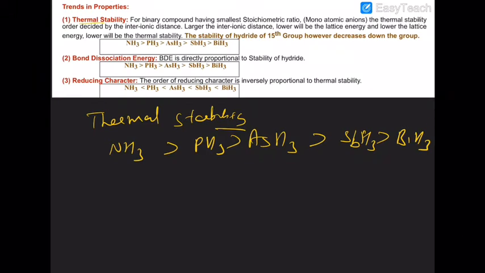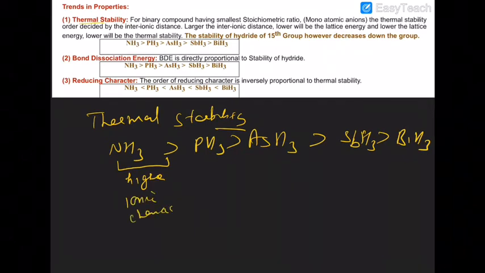in the case of the higher element, the thermal stability is higher because of the higher ionic character. Because of the highly ionic character, the percentage of ionic compound is more in ammonia, or you can say ammonia has a high value of dipole moment.